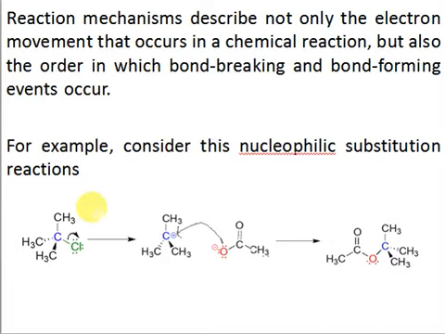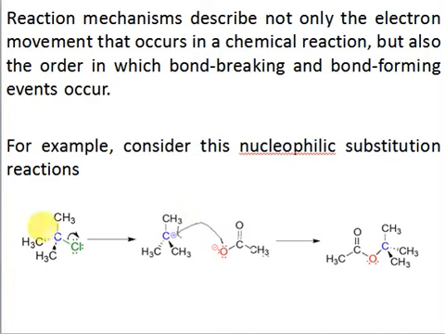For example, let's consider this example. So here we have a tertiary alkyl halide, and in the first step you can see that chloride ion is leaving. So chloride is leaving as a nucleofuge, and what we get is a carbocation here, right? So firstly, what happens is that the bond between carbon and chlorine is breaking, and we are getting a carbocation. And in the next step, this anion is attacking on this carbocation, right?